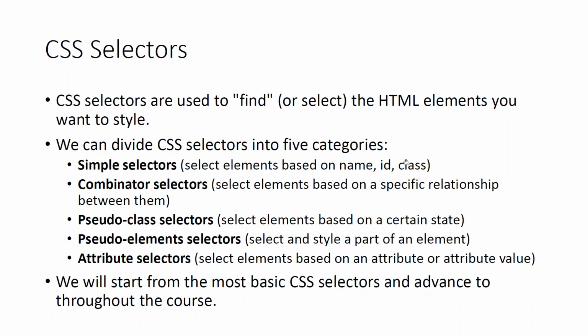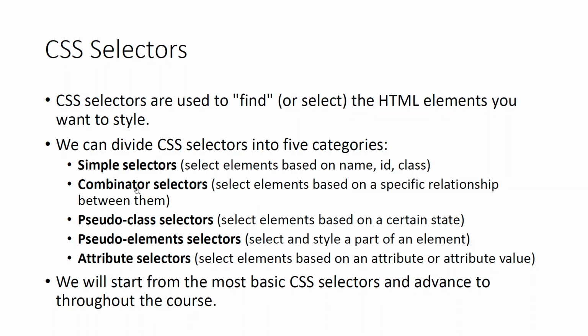Then we also have a class attribute in this case. So the class attribute, or the ID attribute, or the name, either of these 3, the one which we are going to use is what we are calling our selector. So we can go ahead and use either of those, and we shall have our HTML element selected, ready for styling.